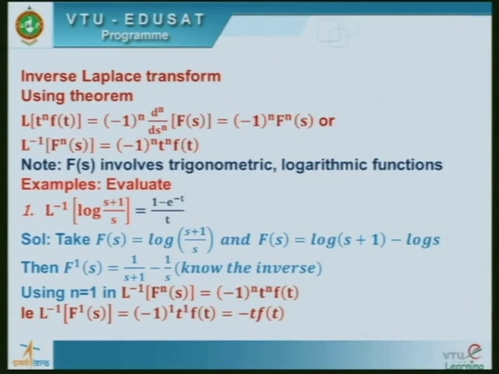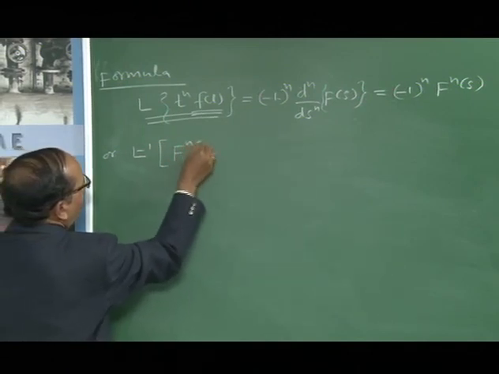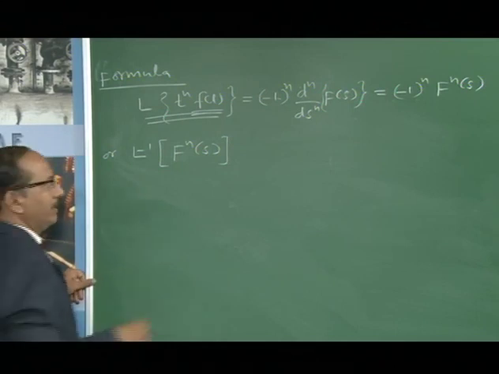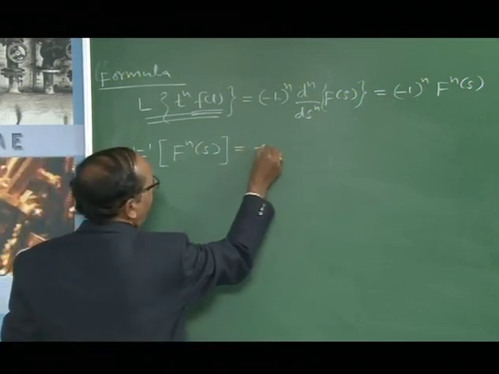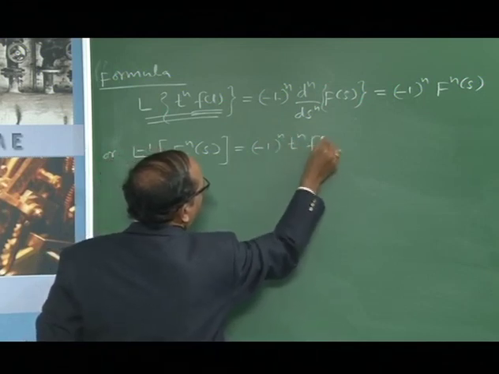So I make it into an inverse formula. Taking L inverse on that side, one can write L inverse of f n of s, with minus 1 raised to n taken to the other side, is equal to minus 1 raised to n t raised to n f of t.